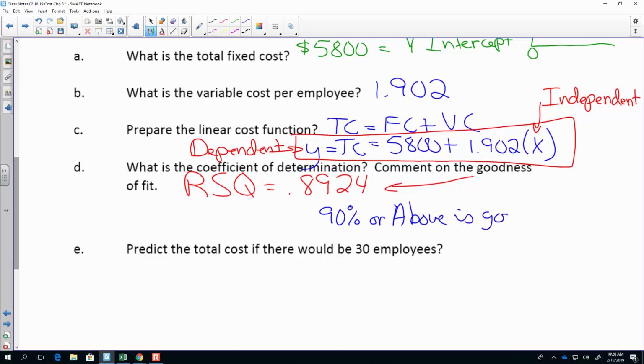And you'll see this when you do the R squared in your 25-point problem, your extra credit. You'll look at that R squared and it'll give you a percent or a number, right? 89 something or whatever it is. And you'll see how this percent will change when we exclude the outlier. Okay? So this is pretty good.